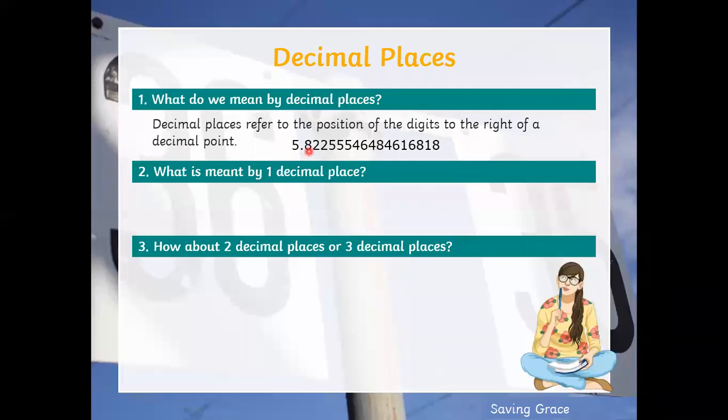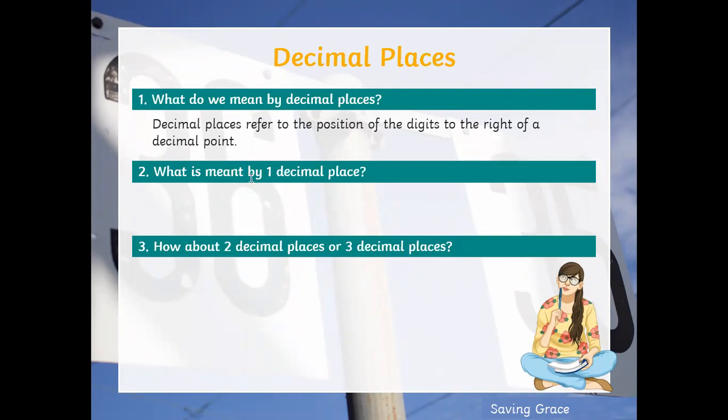The first decimal place is 8, the second is 2, and the third is 2. Then we look at the fourth one, which is 5. So if we want to round to the third decimal place, we will say it's 5.823. The last 2 will become 3. Okay.